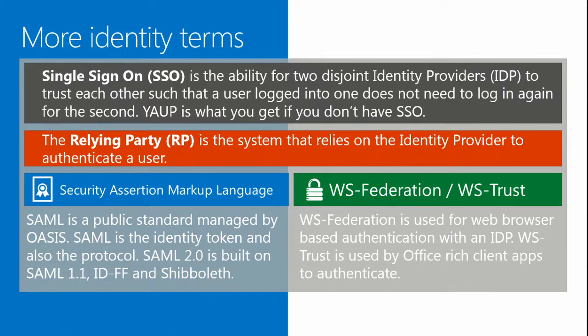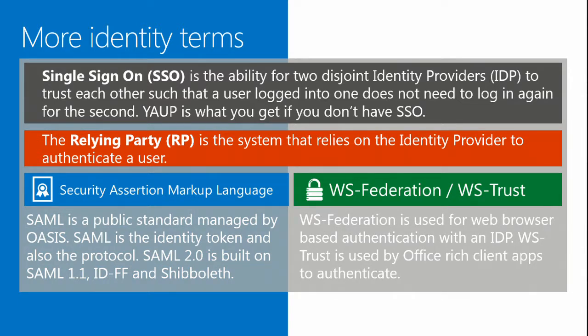And it's a tricky differentiator because in some cases your identity provider and your relying party will talk the SAML protocol, and in other cases they just have SAML tokens going between them, maybe using a protocol such as WS-Federation. So WS-Federation and WS-Trust, this is what Office 365 uses primarily with Active Directory Federation Services.